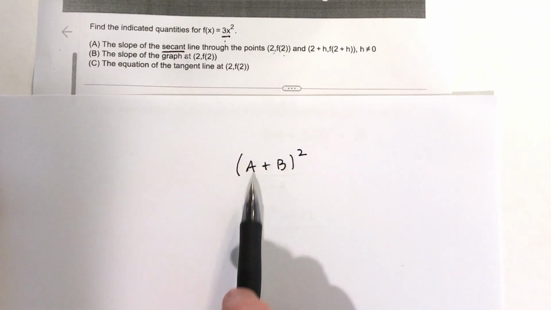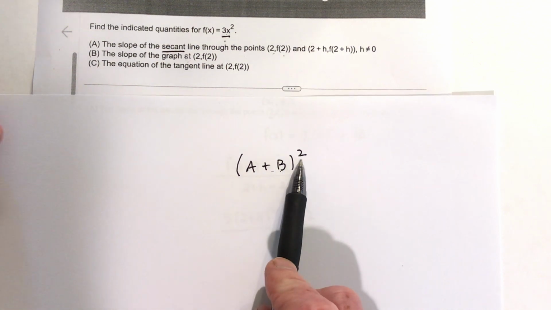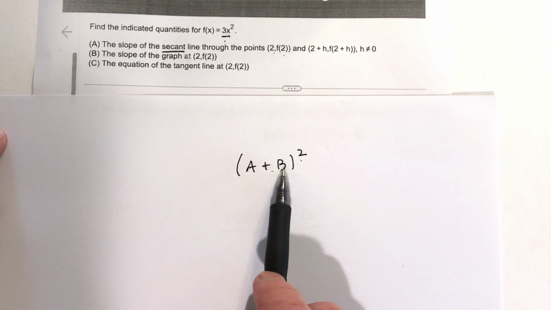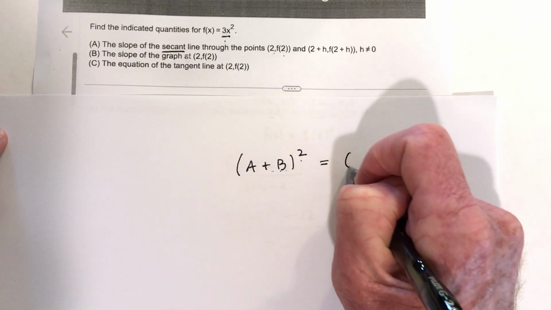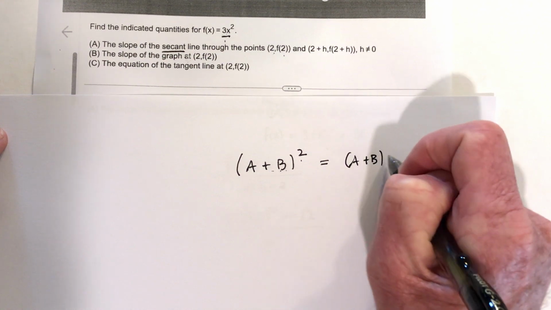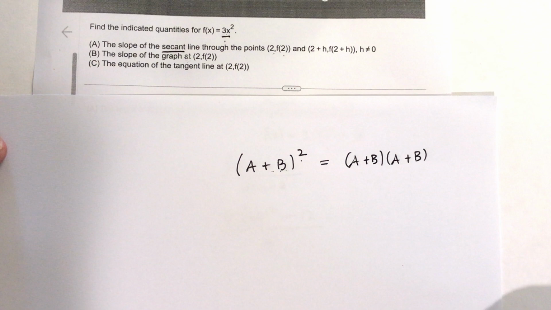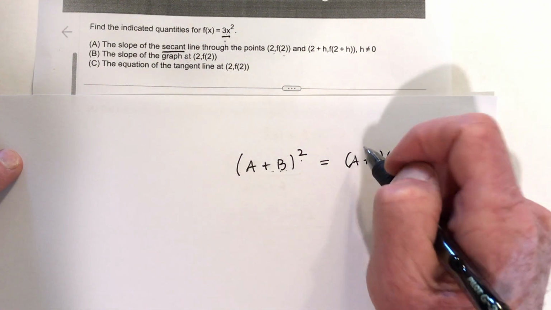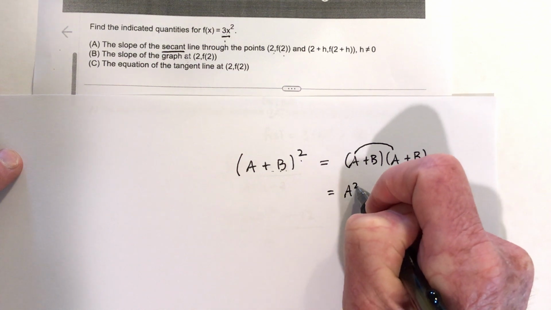So when you have a binomial squared, so bi means 2, if you have a binomial squared, you could go ahead and put a plus b times another a plus b. But we do this so often, there's actually a shortcut. So you would go ahead and distribute, and you would get a squared.